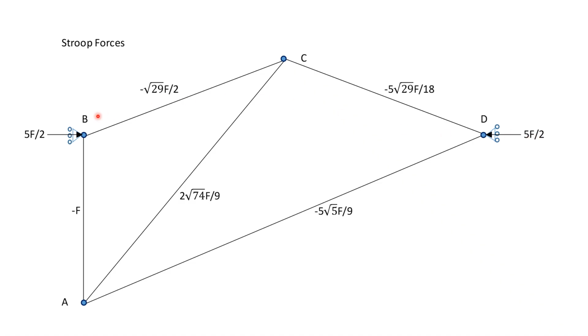So what we do is we apply what I call external Stroop forces here. This is 5/2 F at B, and opposite to that you have 5/2 F at D, both horizontally. It's the same idea as having a member from B to D. If you had a member from B to D, it would form a Stroop.